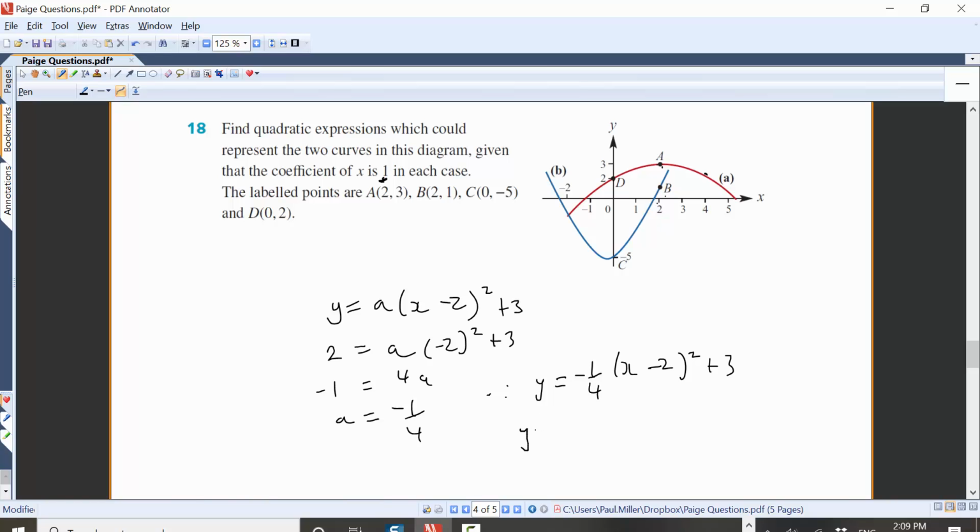Now let's just expand this out and confirm that the coefficient is 1 in each case. So it's going to be -1/4 (x^2 - 4x + 4) + 3.